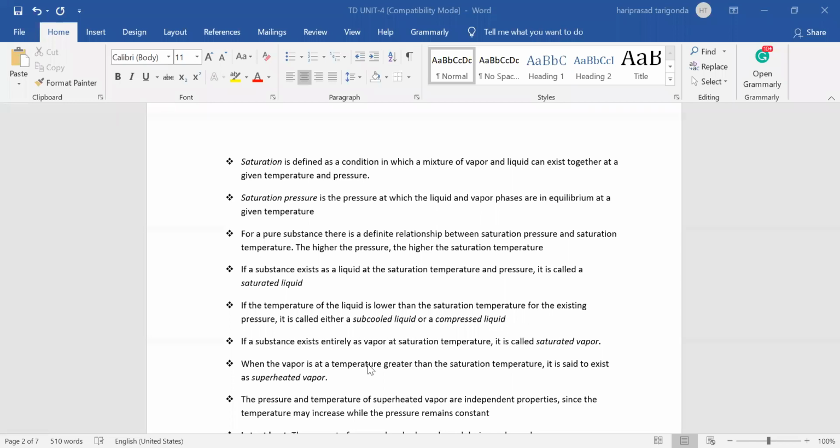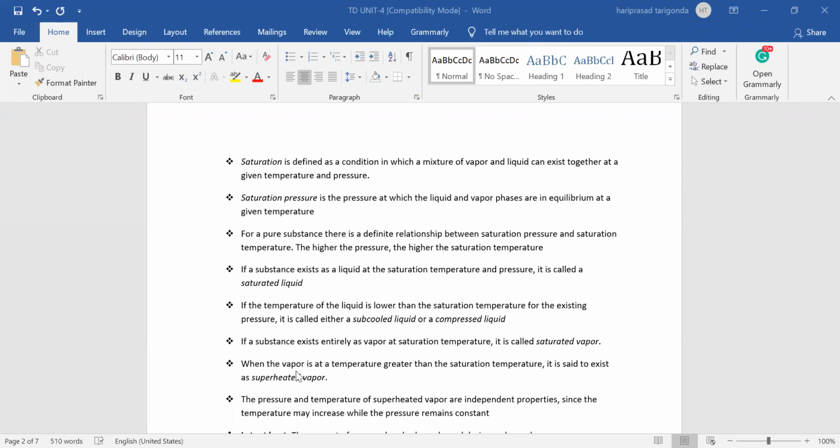Next, one more condition. When the vapor is at a temperature greater than the saturation temperature, it is said to exist as superheated vapor. Suppose at atmospheric conditions the saturation temperature is 100. You take a vessel in which water is available. If you heat water to 100 degrees centigrade, that is the saturation condition.